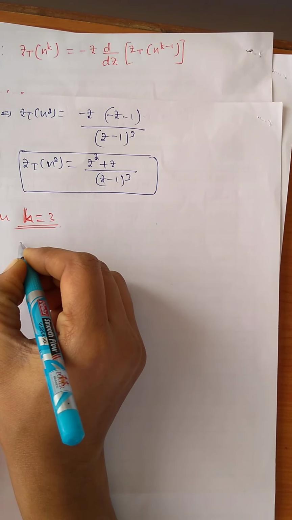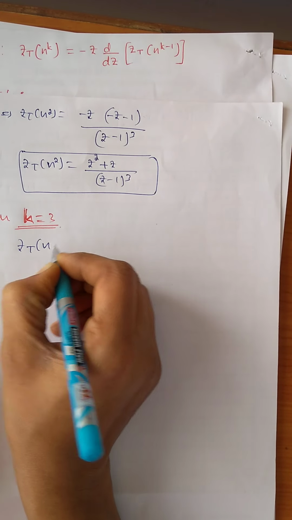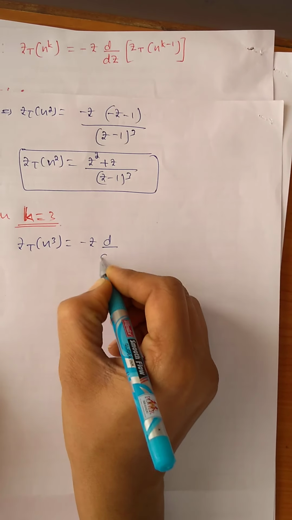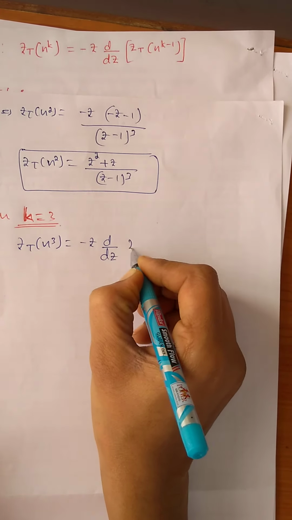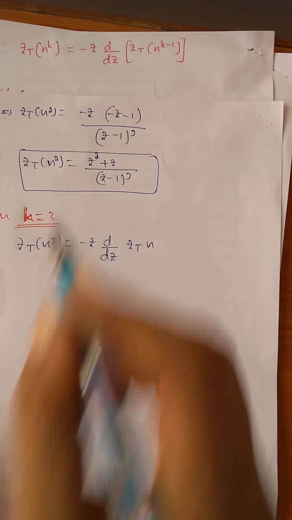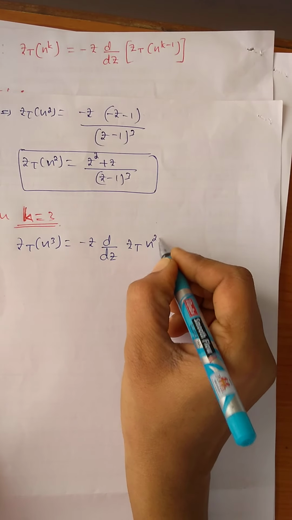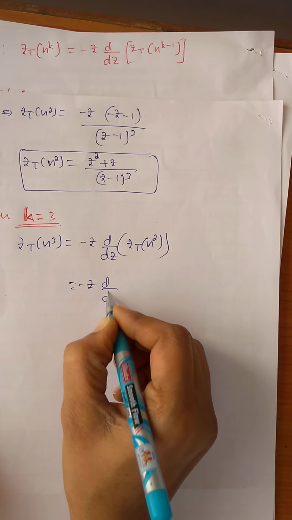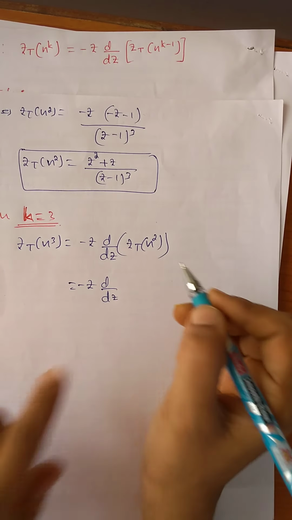So on the LHS, the z transform of n to the power of 3, k value is 3, and on the RHS, minus z d by dz of the z transform of n to the power of 3 minus 1, that is 2. Okay, next minus z d by dz of the z transform of n square.